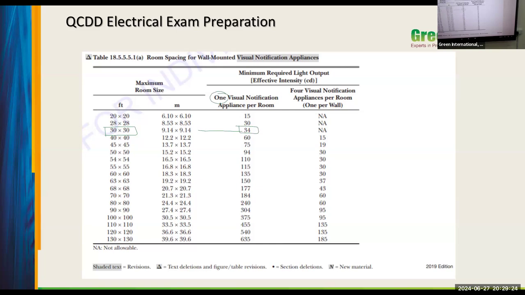That means for a room size of 30 by 30, as per the standard, we install only one notification device. Because here they use visual notifications, I use the word candela.